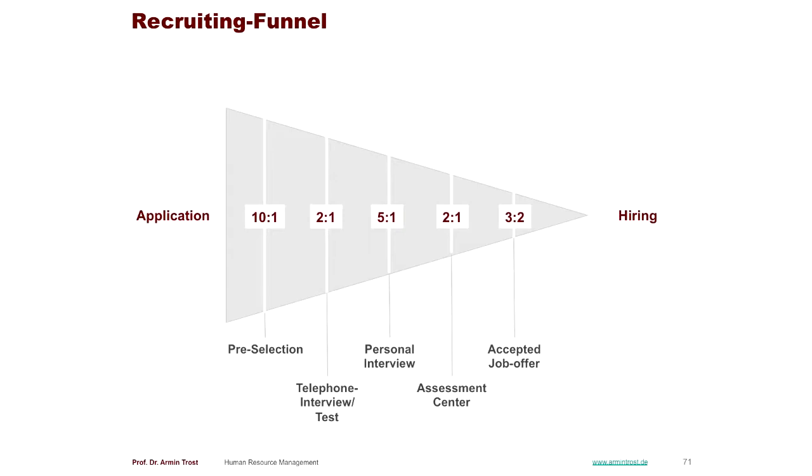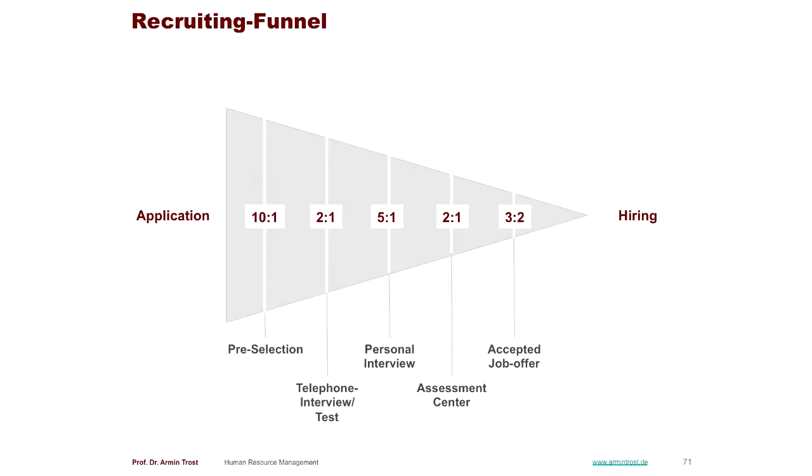It tells you that you get 10 applications so that one applicant really passes through the first step. You have to do 2 telephone interviews to, at the end, have one single candidate whom you invite to a personal interview. You invite 5 people to interview, so that you invite one of these to the assessment center.